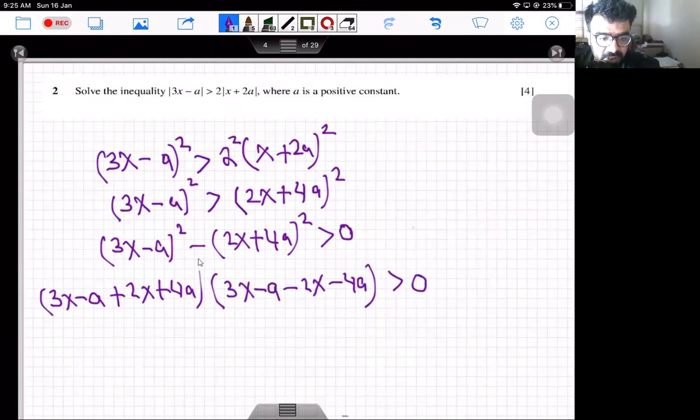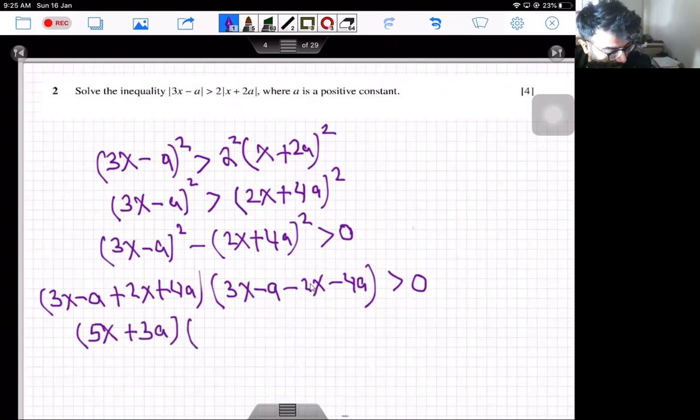Now what you can do is simplify these two factors. So 3x plus 2x would be 5x, and then 4a minus a is 3a. So 5x plus 3a multiplied by 3x minus 2x is x, and minus a minus 4a is minus 5a, and this whole thing is greater than 0.